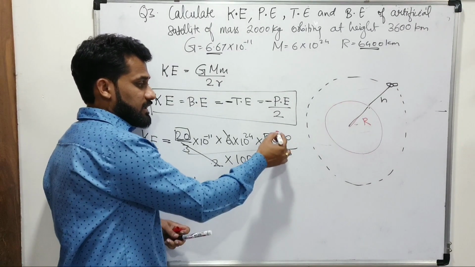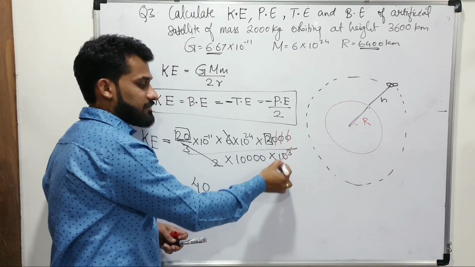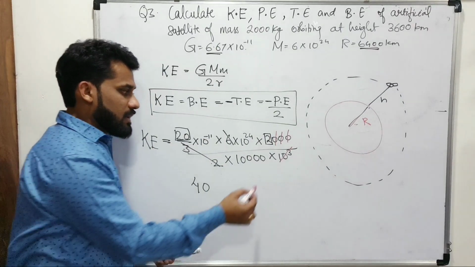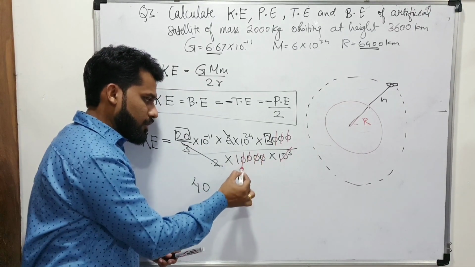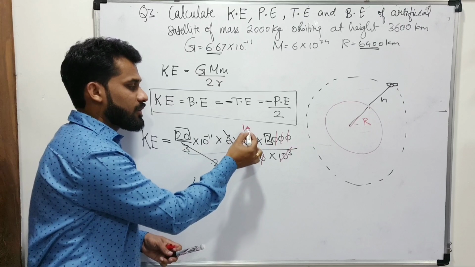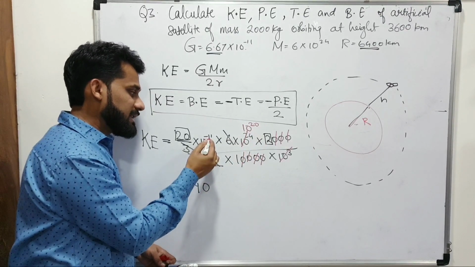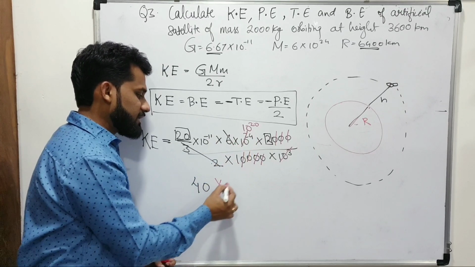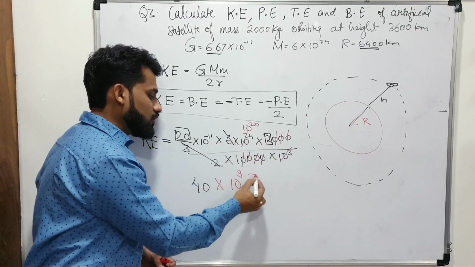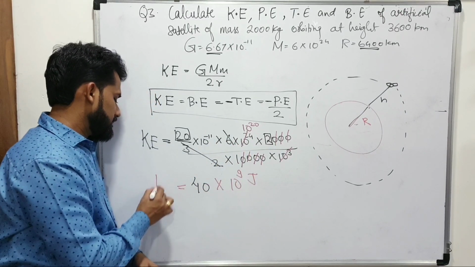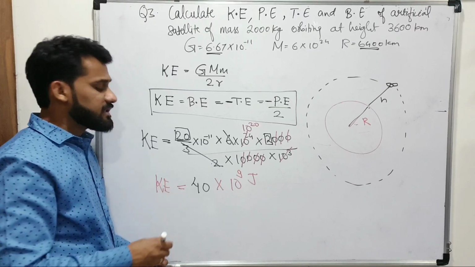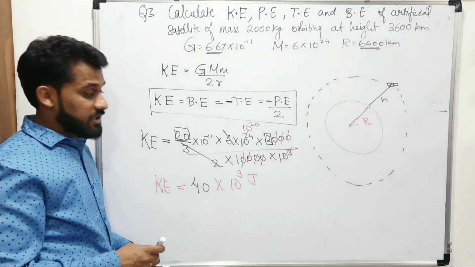See, these are 3 zeros which will cancel with this 10 raised to 3. 1, 2, 3, 4 will straight away cancel with 24 and become 20. And this is 10 raised to 20 and this is 10 raised to minus 11. So effectively what is left is 10 raised to 9 joule, because it is energy. So kinetic energy is 40 times 10 to the power 9 joule.